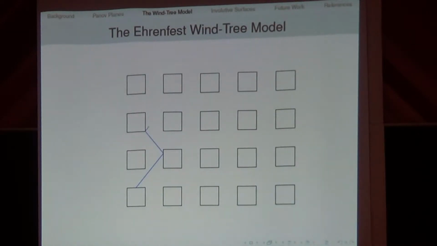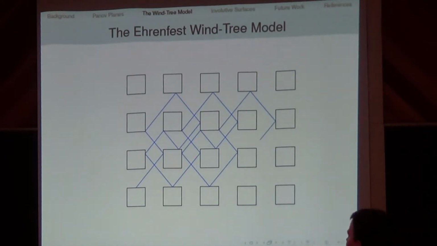That took a long time, so I want you to see it. So there's a naive similarity between those Panov planes and the wind tree models that we've been learning about all week, in that you have these periodic obstacles in the plane. And what I want to do is see if there's any precise relationship between them, other than just that they look the same.